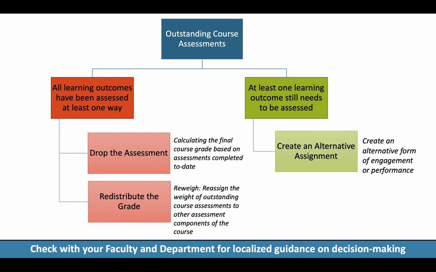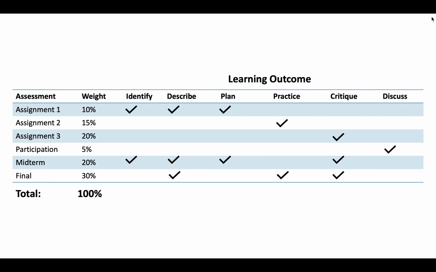Of course, all of this, it's important to be checking with your faculty and department for more localized guidance on the decision making. But let me elaborate a little bit further on each of these options to give you something of an example. Here's a case example where the course as originally designed had 3 assignments, a participation grade, a midterm, and a final.